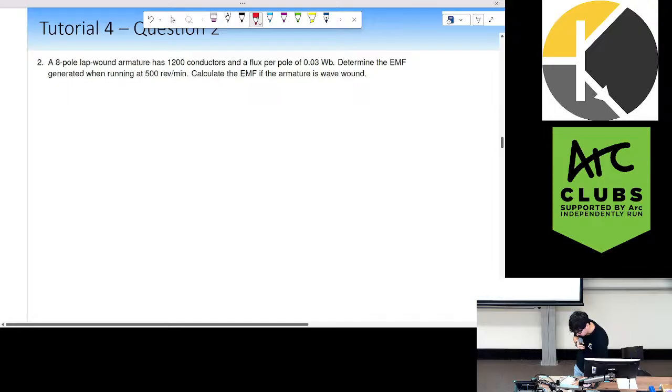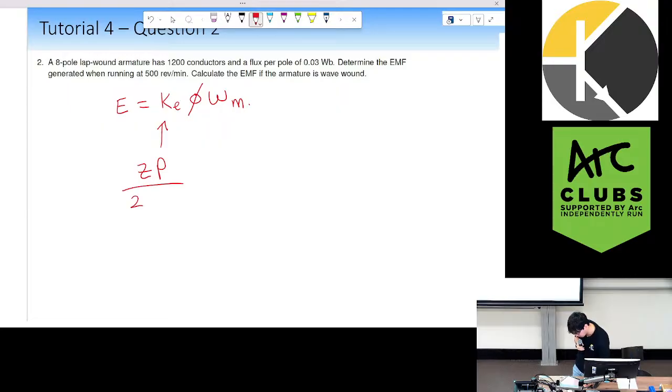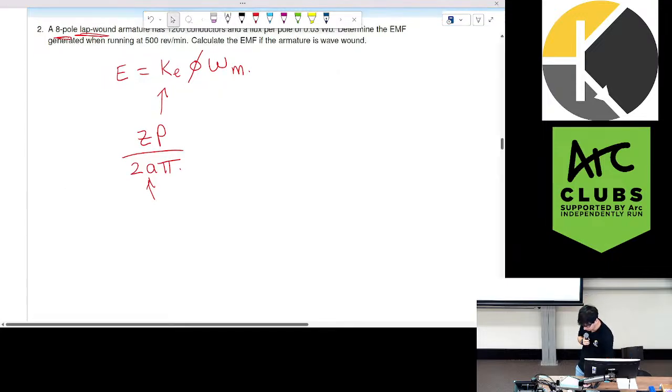So I'm going to use the equation that we just went through, which is E equals KE phi omega m. KE was Z P on 2A pi. So we have 8 poles and we are lap wound. How many parallel paths would we have in this DC machine? 8, because we have the same number of poles as we have parallel paths. So A is 8.